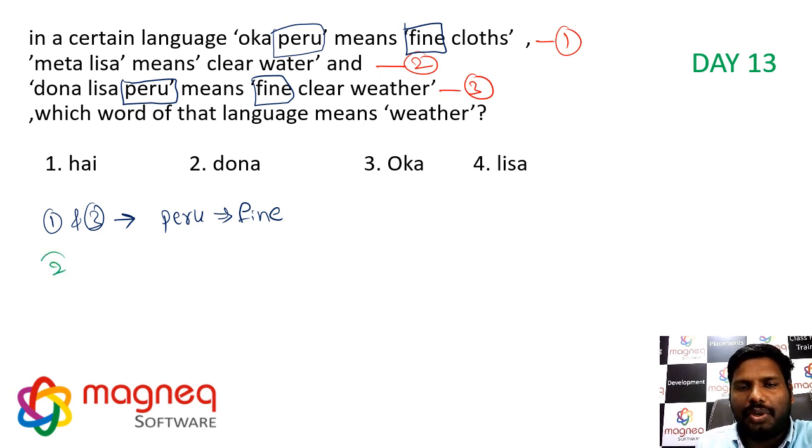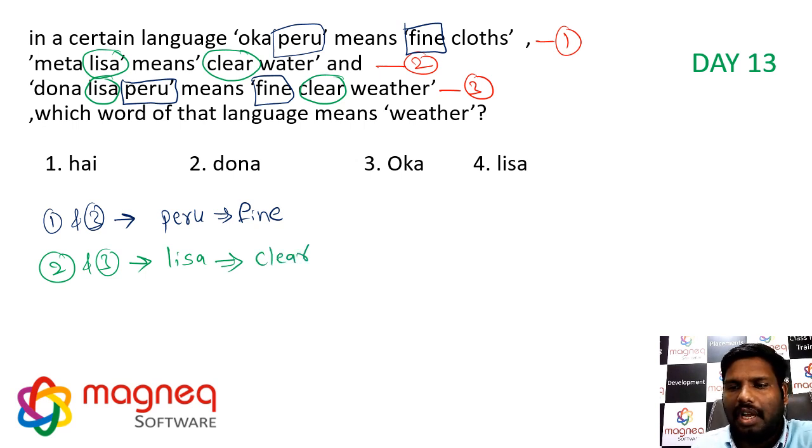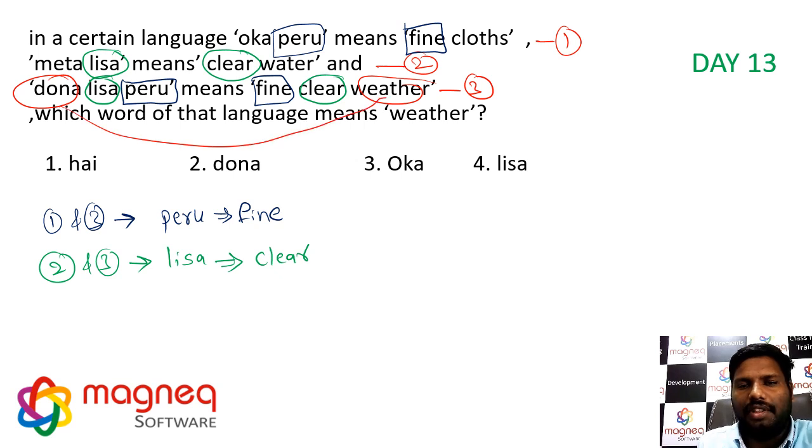From equation 2 and 3. So second one, Lisa. Here, clear. Lisa means clear. And remaining word Dona. Dona means weather.